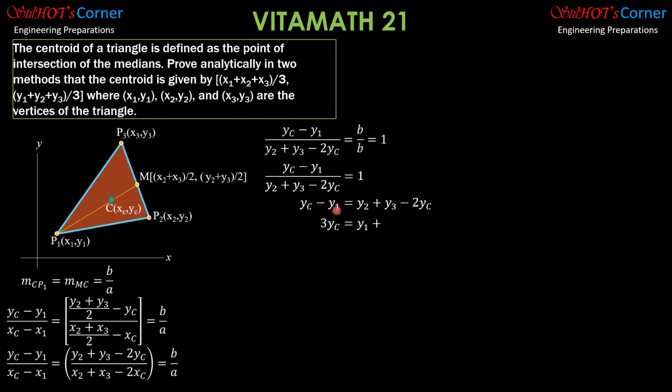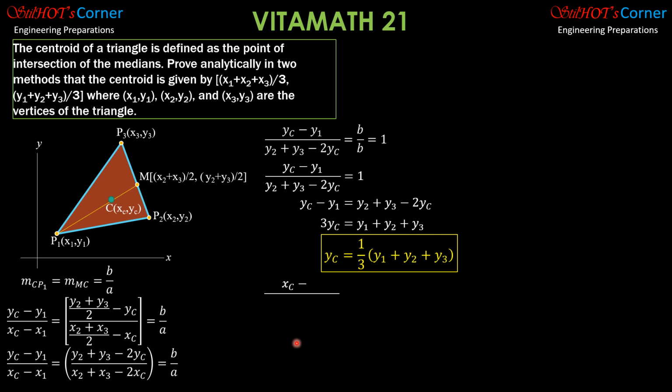Then put negative y1 to the right, so it becomes positive y1 + y2 + y3. Finally, dividing everything by 3, we have shown that yc is indeed 1/3 of the quantity (y1 + y2 + y3). So likewise, if we have (xc - x1)/(x2 + x3 - 2xc), that would be A over A, which is again 1.